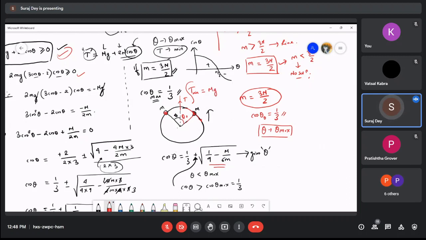And the tension is given by this expression. The tension can be minimum if cos theta is minimum, and we know that cos theta decreases with angle. So if this is theta 1 and this is theta 2, then cos theta here is less than the cos theta here. So cos theta is minimum if theta is some maximum value.